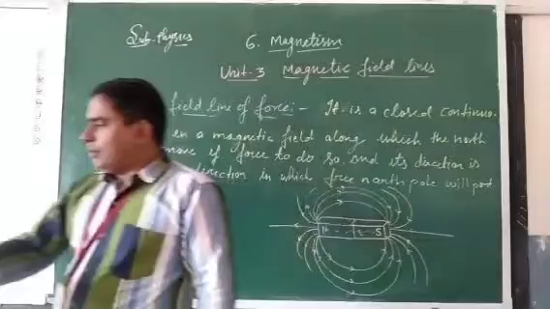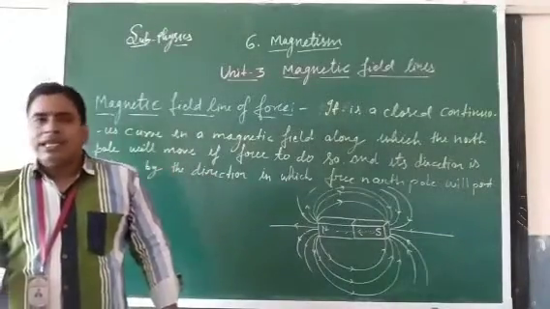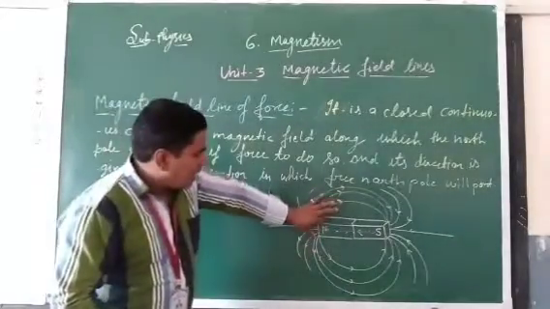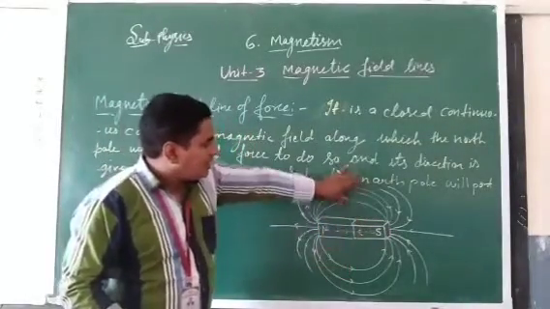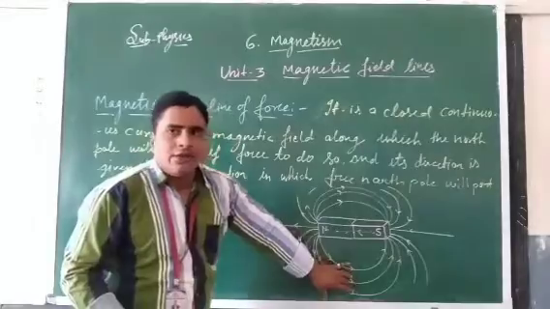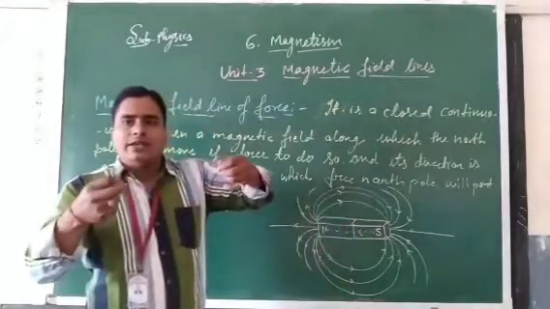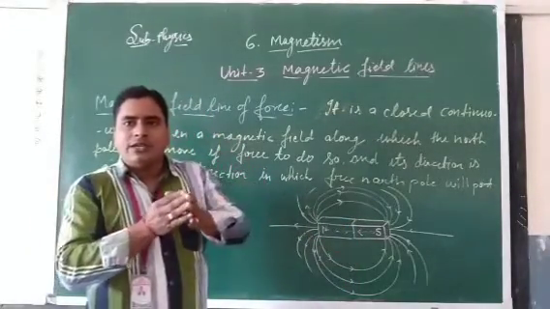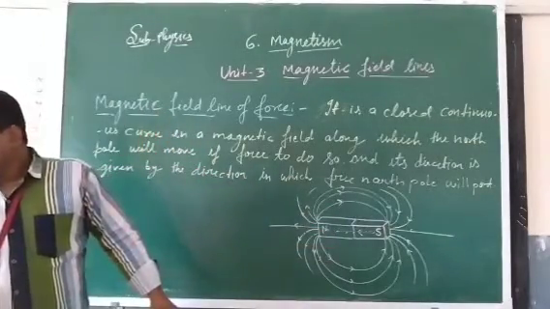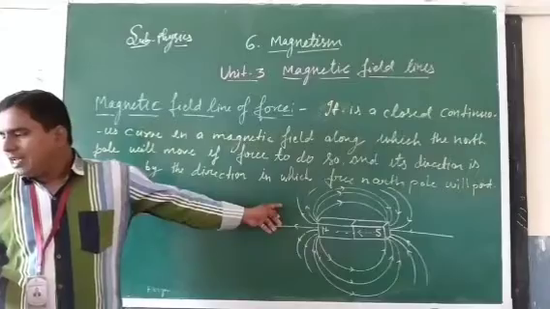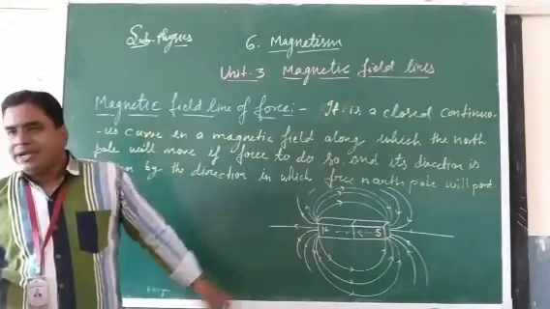Now some more properties. They tend to repel each other. See here, at the ends they are very close, dense, but in the center they are very far away from each other. Means they tend to repel each other. एक दूसरे को repel करती हैं. Clear? And the last property: their number determines the strength of the magnetic field.